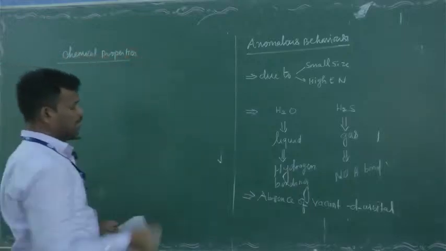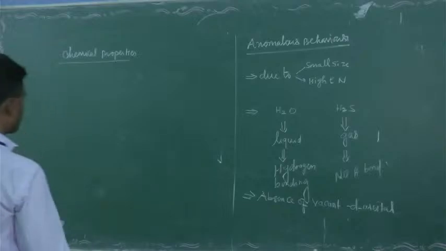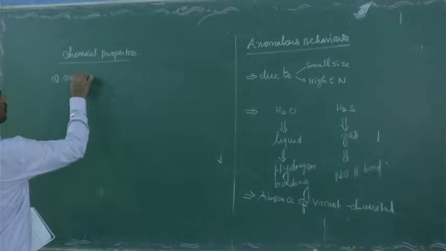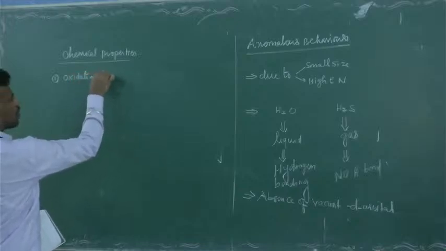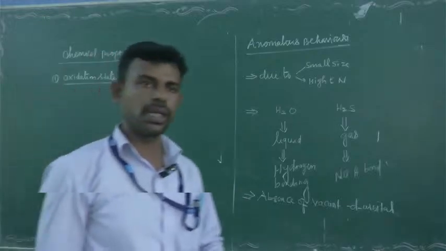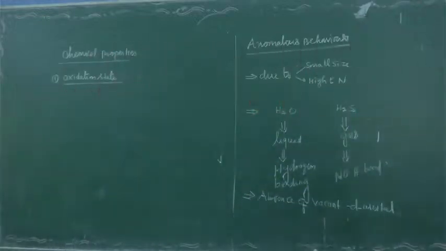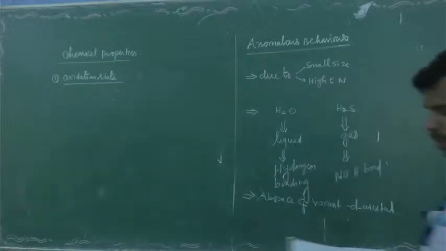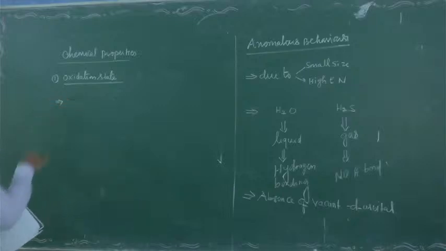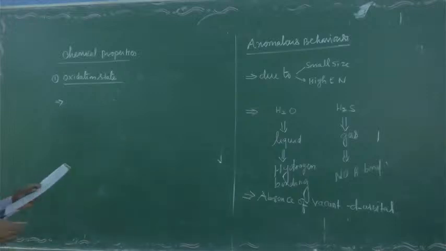The first thing we are going to discuss is oxidation state. Last year's question, oxidation state question. Since the electronegativity of oxygen is high, the value is 3.5, so it shows only a negative oxidation state.